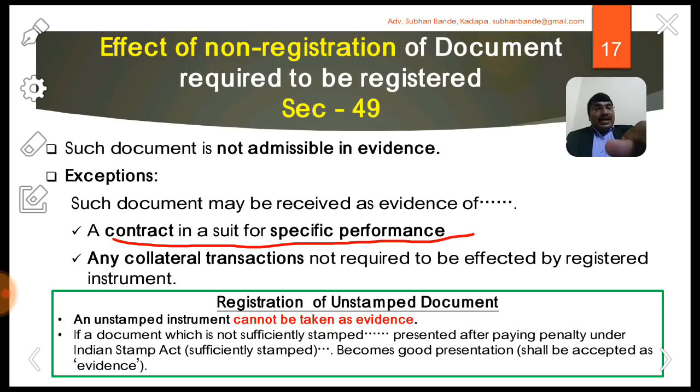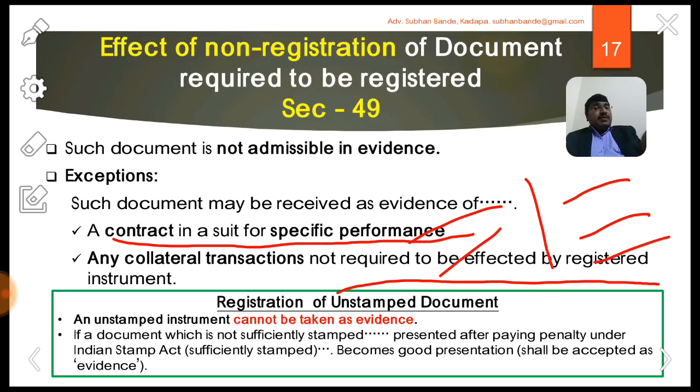And any collateral transaction not required to be effected by registration in the instrument, it simply means that for a certain part registration is compulsory, for the rest of the part registration is not compulsory. However, the part related to matters for which registration is not compulsory may be accepted as evidence by the court in the proceedings.